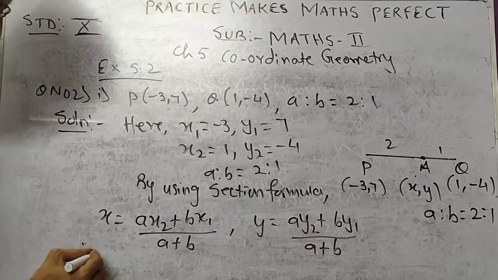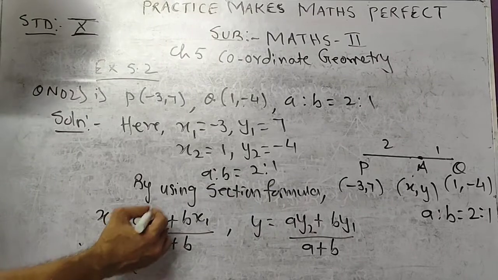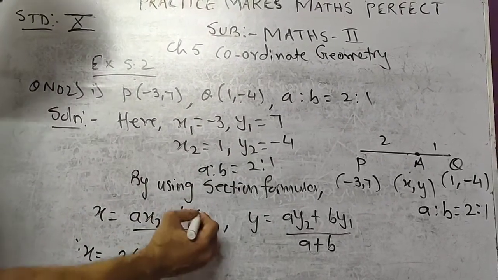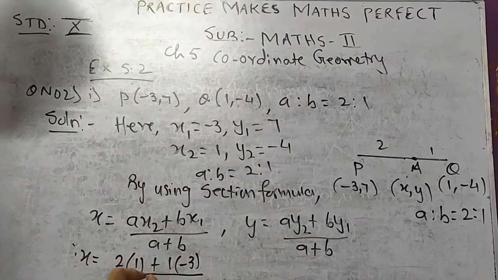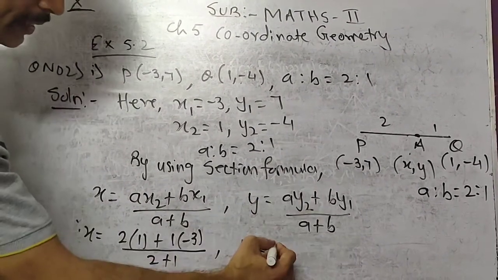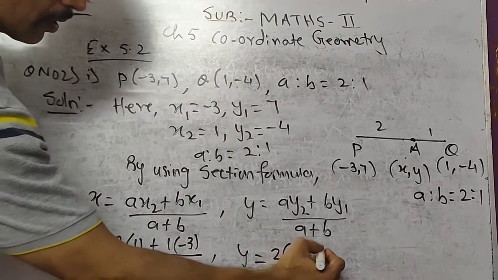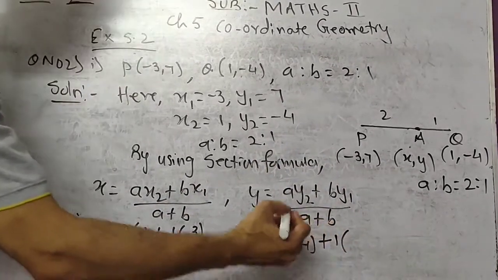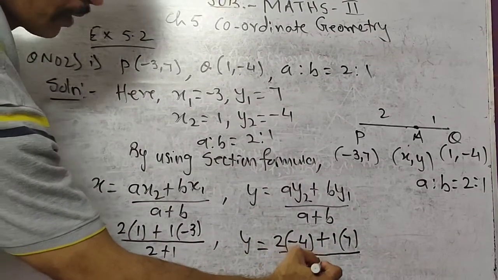So therefore x is equal to a will be 2 into x2 is 1 plus b is 1 and x1 is -3 upon 2 plus 1. Here also y is equal to a is 2, y2 is -4 plus b is 1 and y1 is 7 upon 2 plus 1.